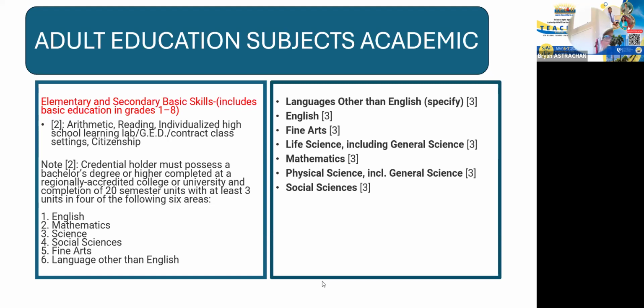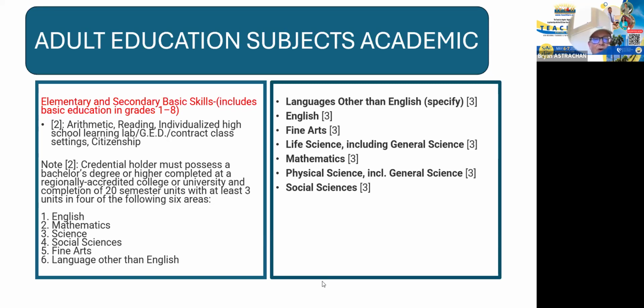So when we're looking at elementary and secondary basic skills, this includes basic education grades 1 through 8. And if you're thinking, well, isn't that elementary school? It's at the adult school. These are adults, and an adult is defined as somebody 18 years of age or older. And these individuals, for whatever reason, did not get a high school diploma.